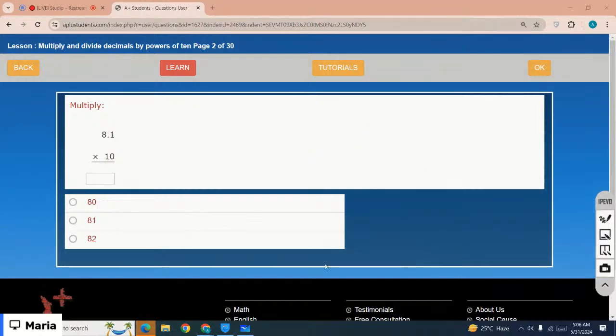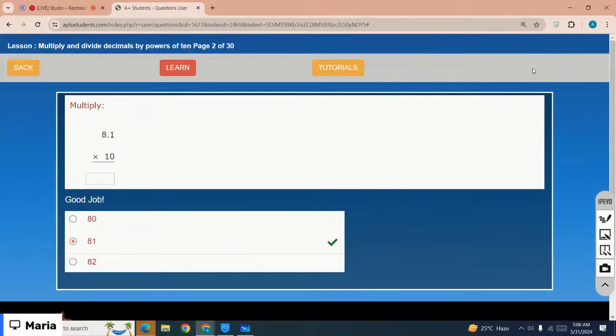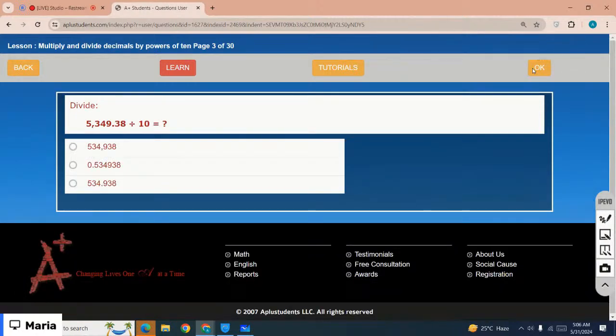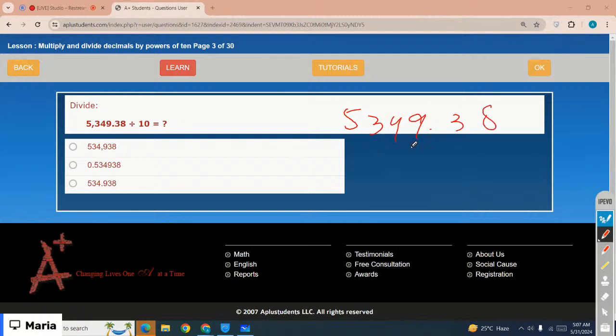The next one is 5349.38 divided by 10. So you have only 10 here. You're dividing, so you need to move the decimal point one place left. 5349.38. You need to move the decimal point only one place left. That is 534.938. Got it?